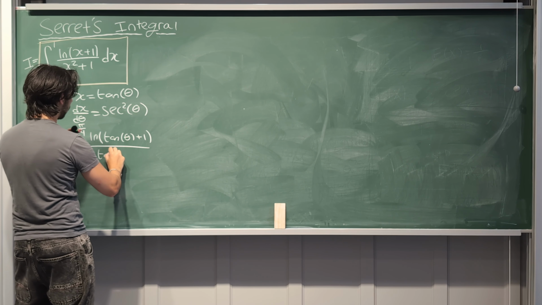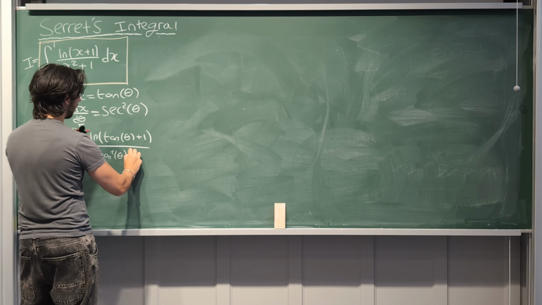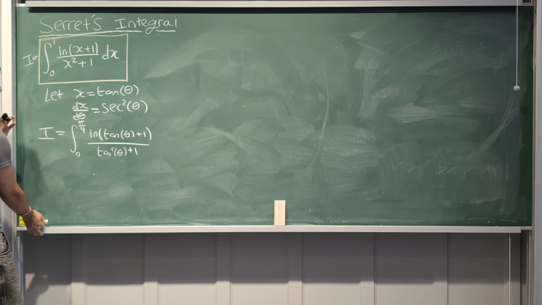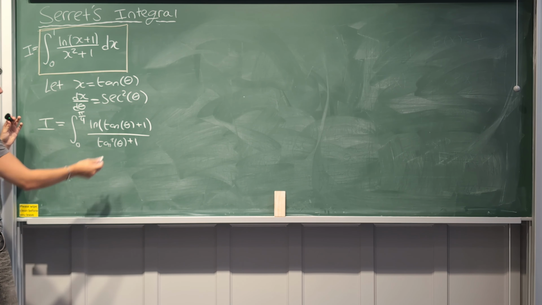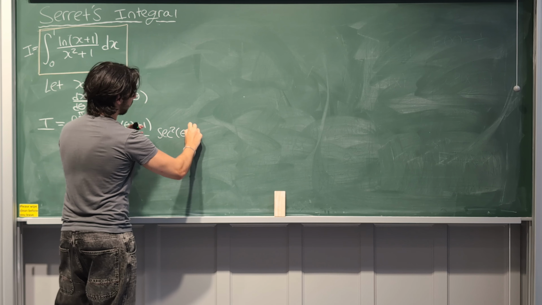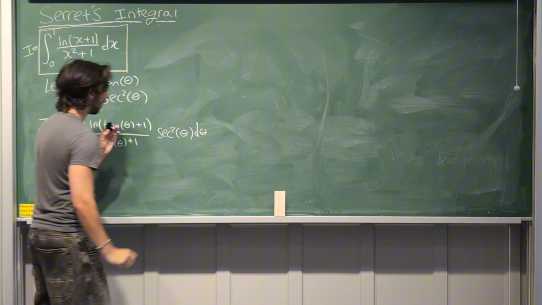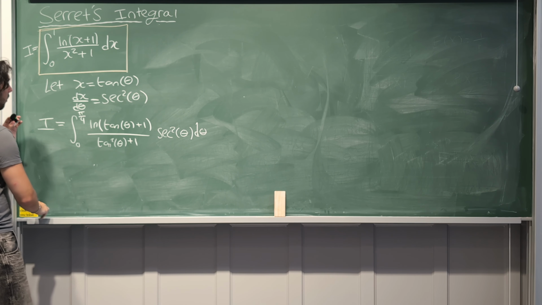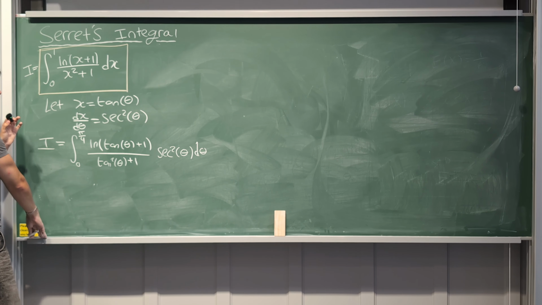Let me do the dx first and then I'll make a quick remark. So dx is sec squared d theta, so we've got sec squared d theta there, and of course we can cancel some stuff out, we'll do that in a second. The quick remark is you might ask, how on earth would anyone think of using x equals tan theta?